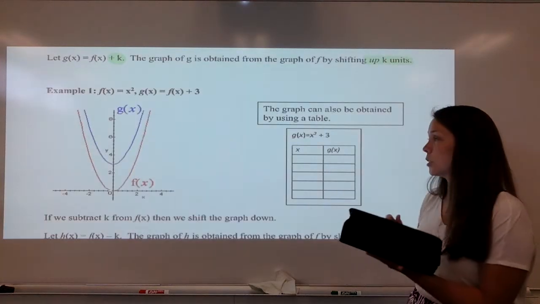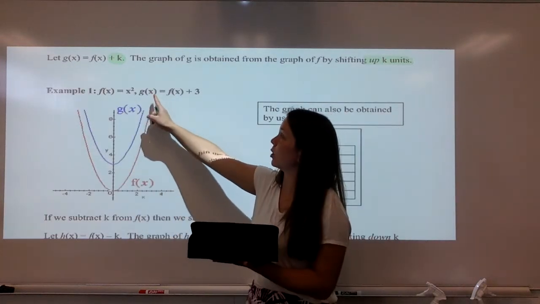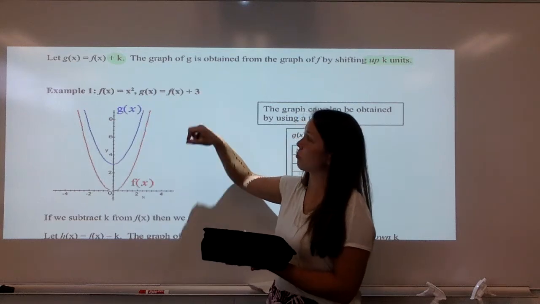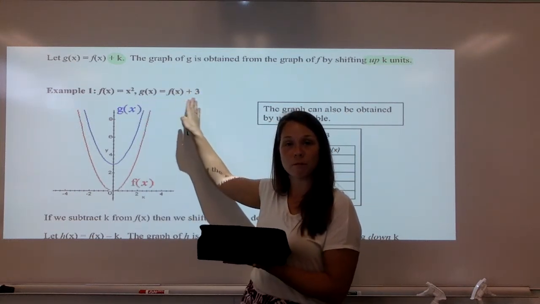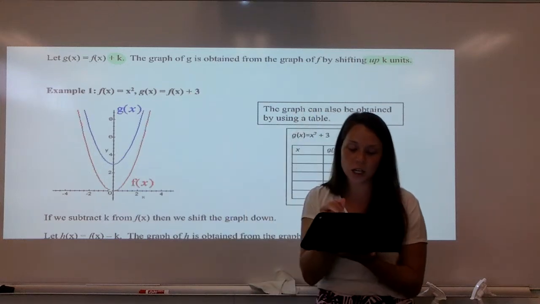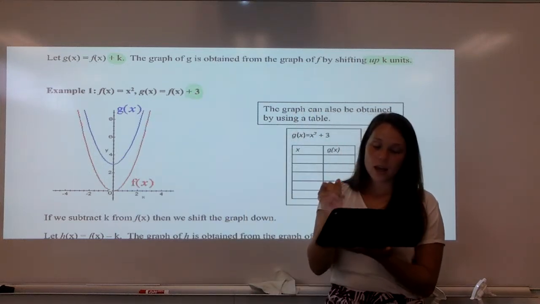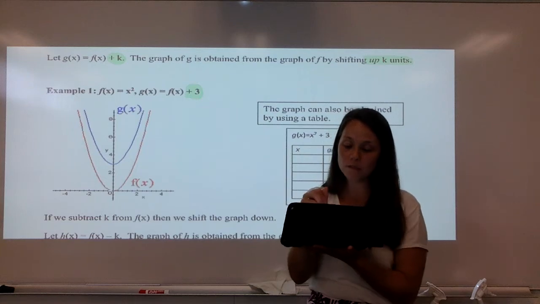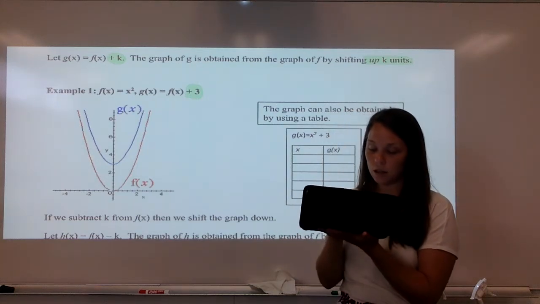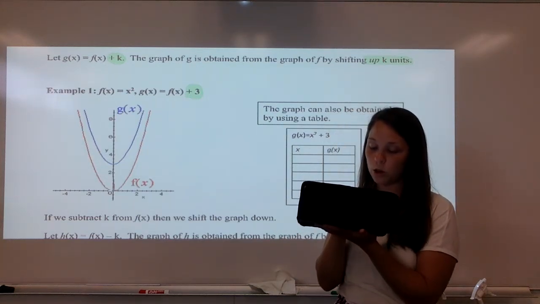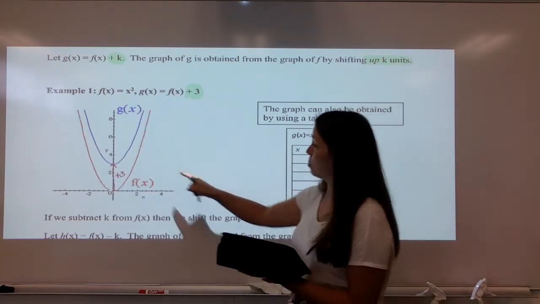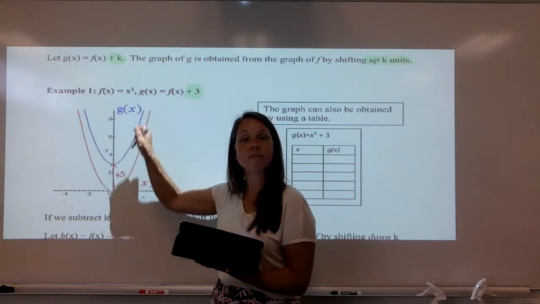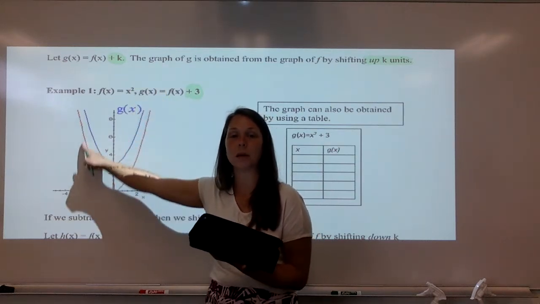So looking at this first example, f of x equals x squared, g of x equals f of x plus 3. Again, I know that this is really mathy notation, but what we want to focus on is the piece that's changing, this plus 3. Because what that means for us is all of these points from the original to the new are getting shifted up 3 units. So I could pick any point on this red graph and move it up 3 units, and that would bring me to the blue graph.